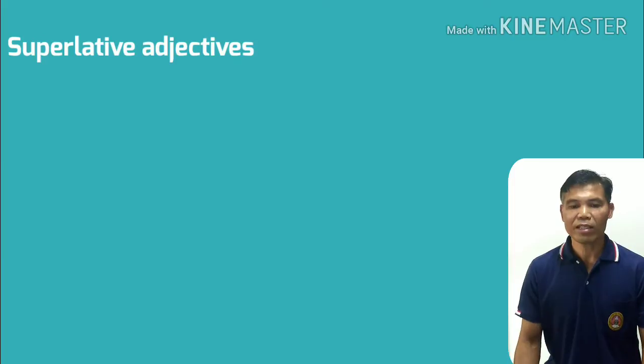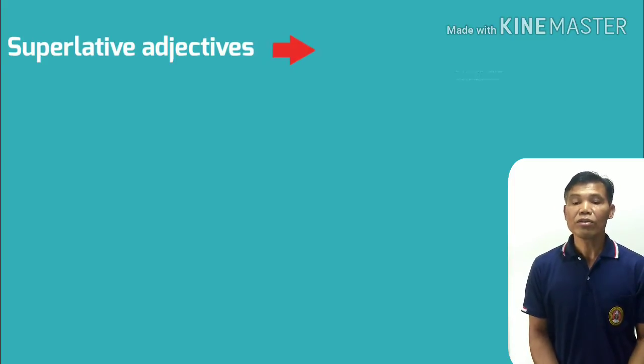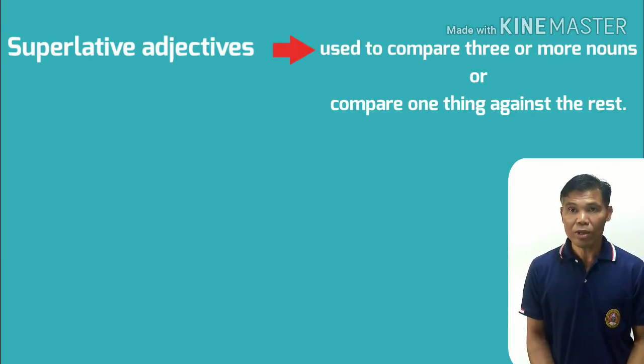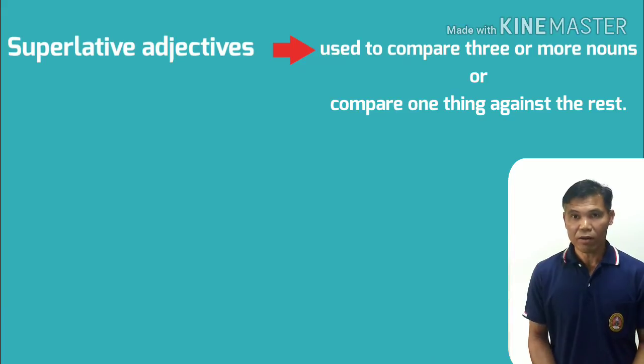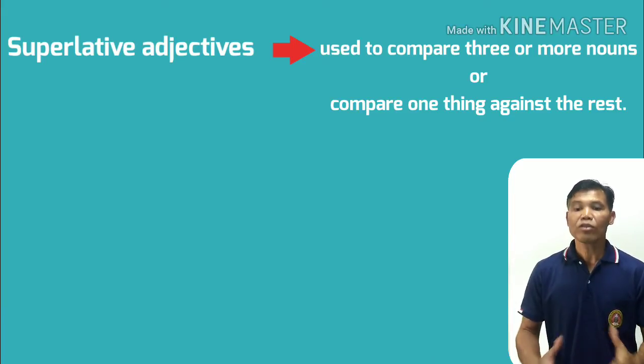The second type of adjective for comparison is superlative adjectives. They are used to compare 3 or more nouns. They are also used to compare one thing against the rest of a group. There are 2 patterns for superlative adjective.